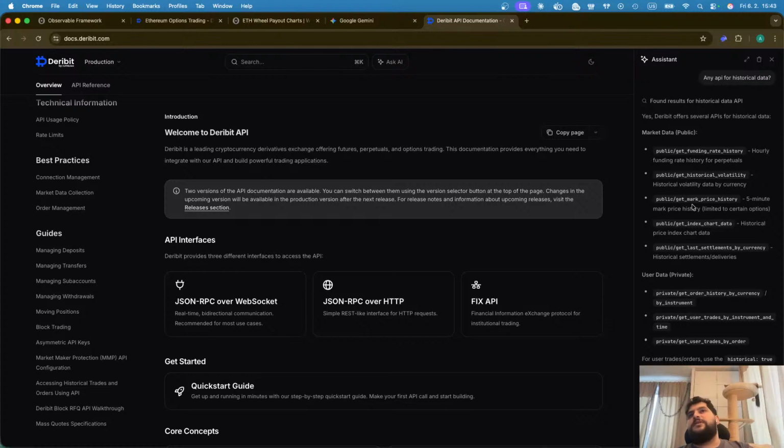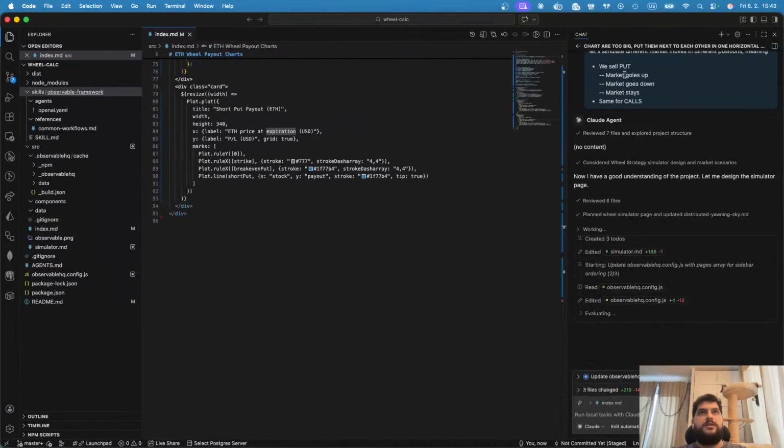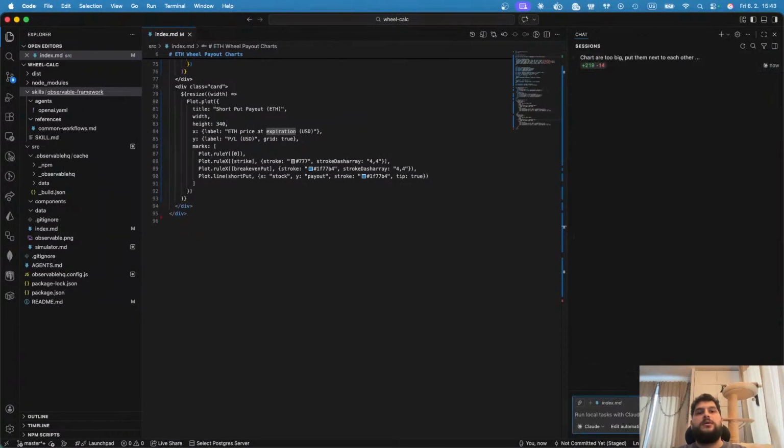Yes, Deribit offers several APIs for historical data: hourly funding rate history for perpetuals, historical volatility data by currency. This might be interesting actually. We can run another task here. Create, I don't know how it's called, a separate MD file with data visualization.